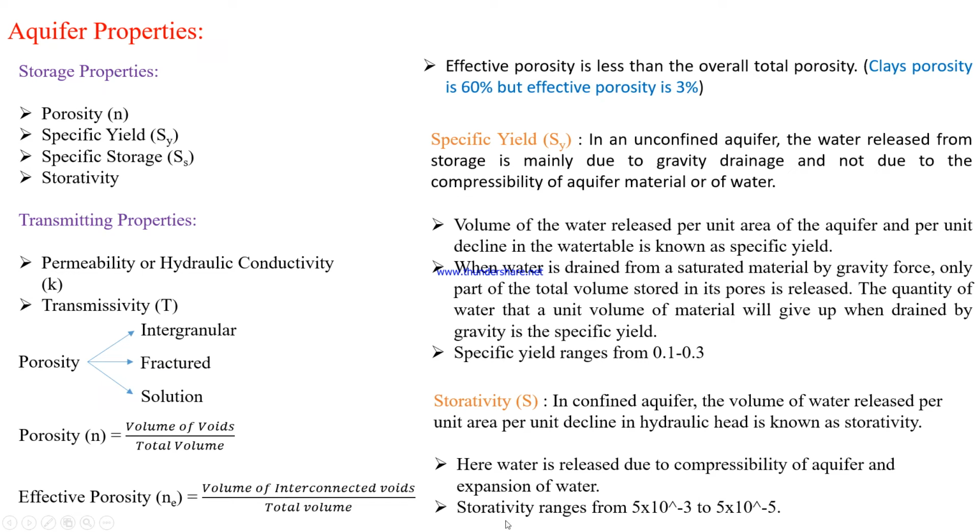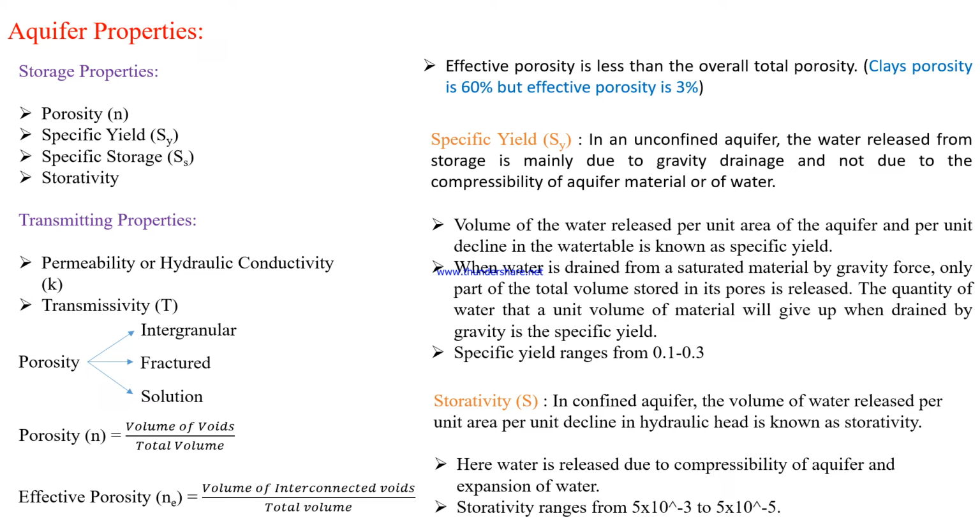See here, you cannot pump water easily from the confined aquifer. If you want to pump from the confined aquifer, you have to use compressibility. You compress the aquifer and expand the water, and then the pore water pressure decreases in the confined aquifer.